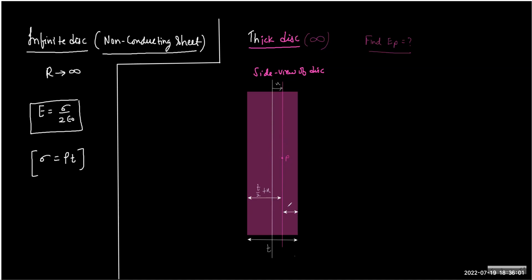T by 2 minus x. So you can realize that the point P is in front of these two separate disks. So what we need to understand is that sigma depends on thickness. So it is like the point P is in between two separate infinite sheets of different sigma.